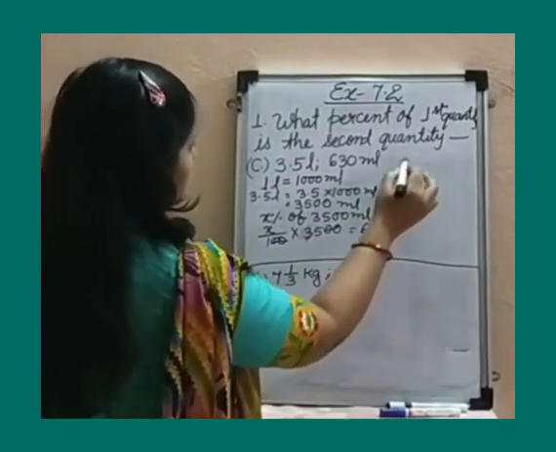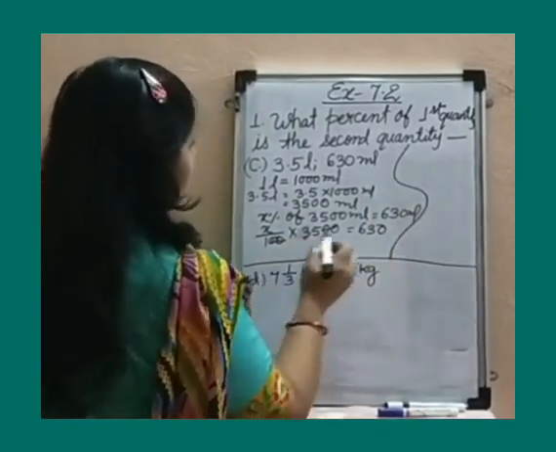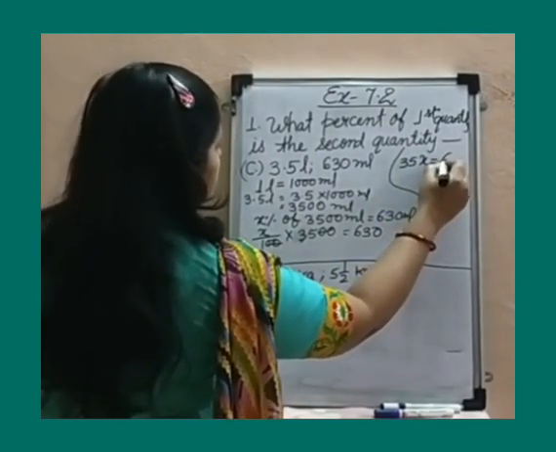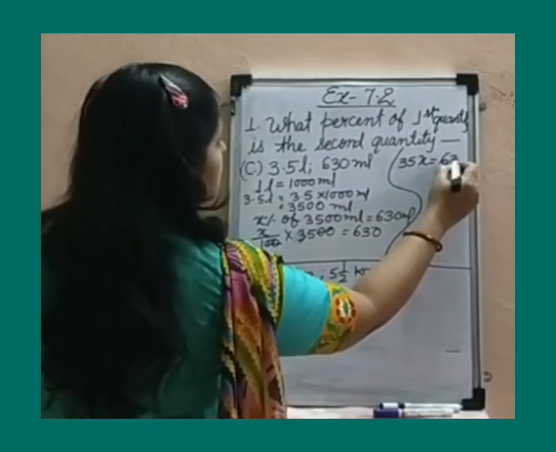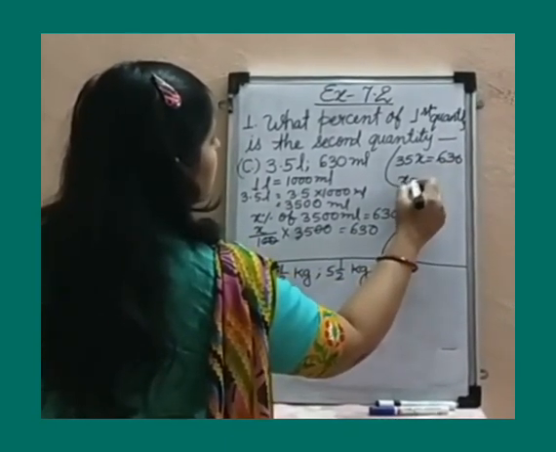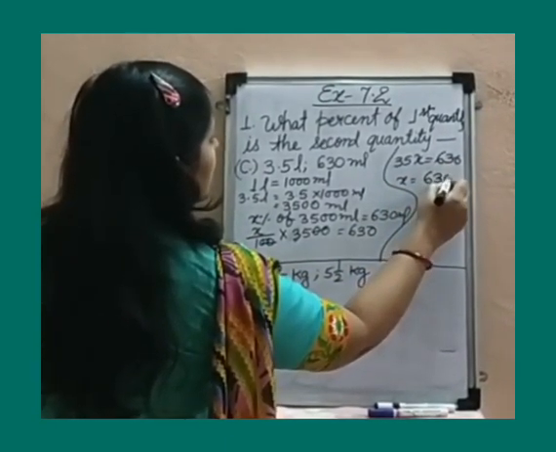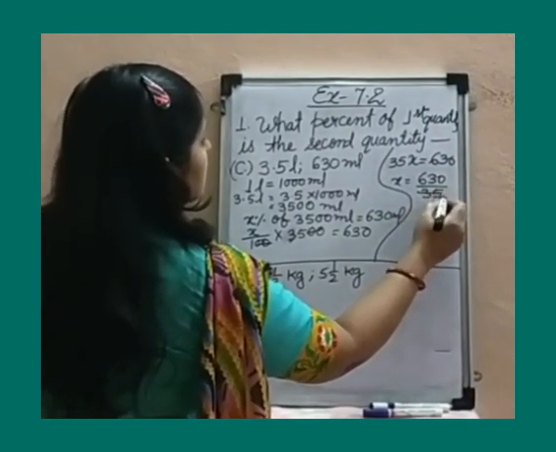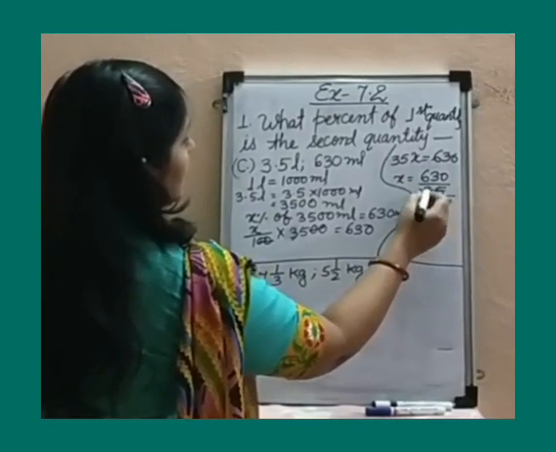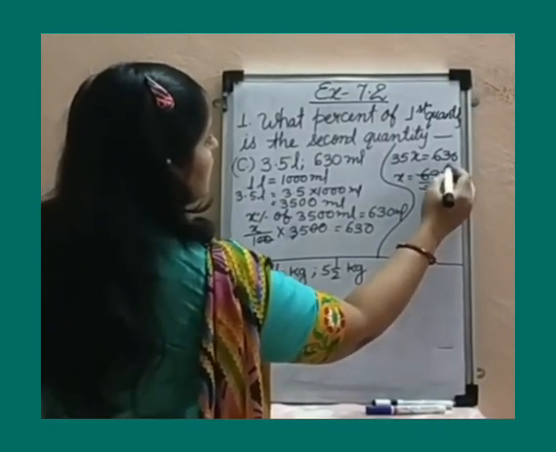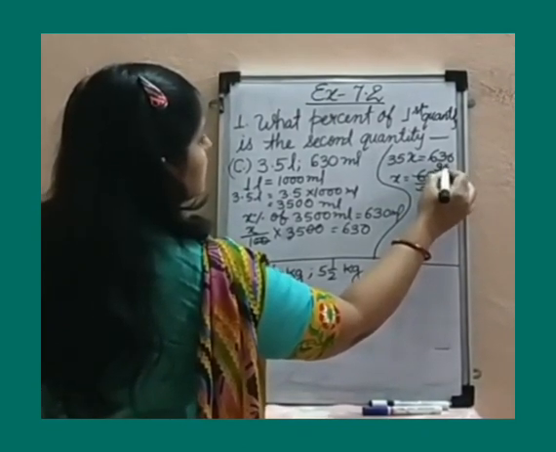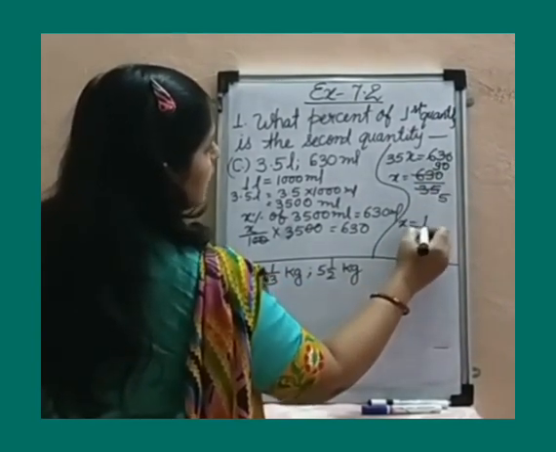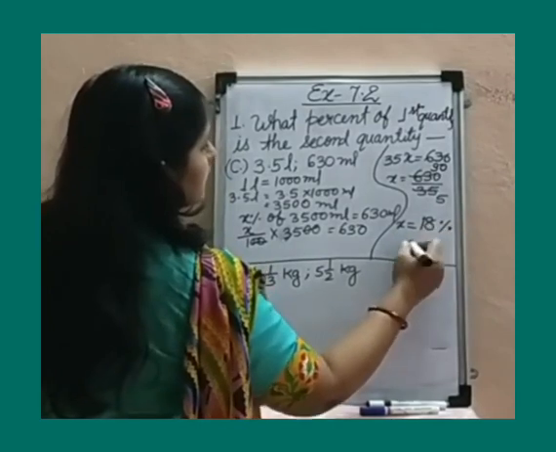We have here 35x equals 630. Now x equals 630 upon 35. 7 5s are 35. 90. So x equals, 18 5s are 90, 18%, answer.